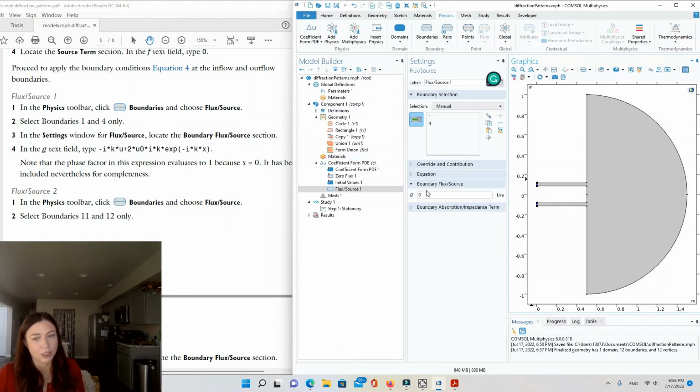In the settings, we're going to go to the boundary flux source and type our expression: negative i times k times u plus 2 times u naught times i times k times exponent of negative i times k times x.